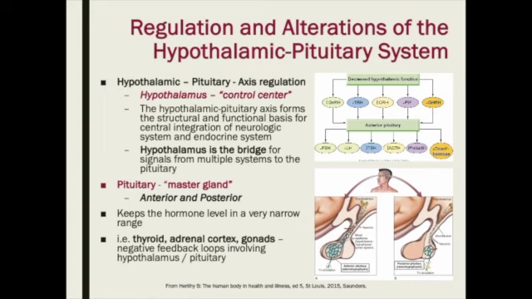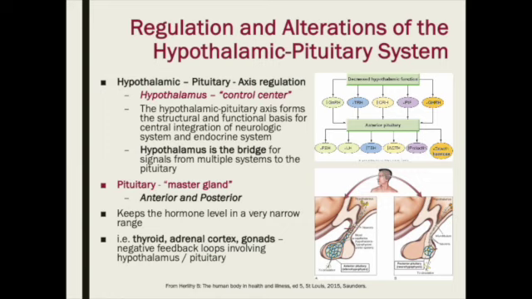The hypothalamic pituitary axis forms the structural and functional basis for the central integration of the neurologic system and the endocrine system. The hypothalamus is the bridge that will signal multiple systems to the pituitary gland, which we consider to be the master gland.